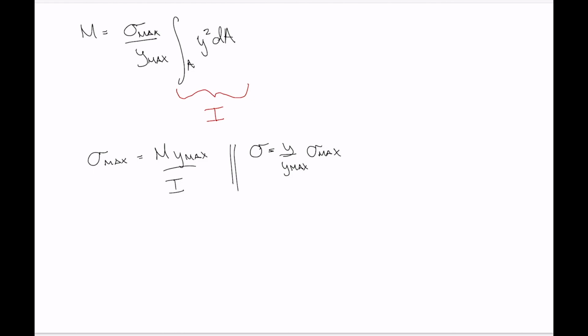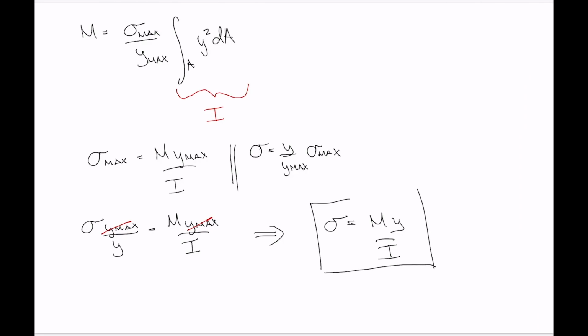So then we have sigma y max over y equals M y max over I, and we can get rid of those y maxes, and that leaves us with our equation sigma equals M y over I. So that is our bending stress equation.